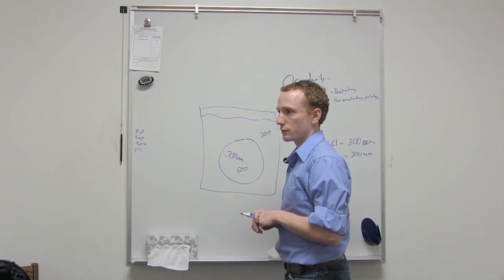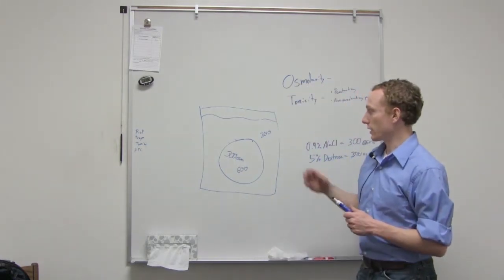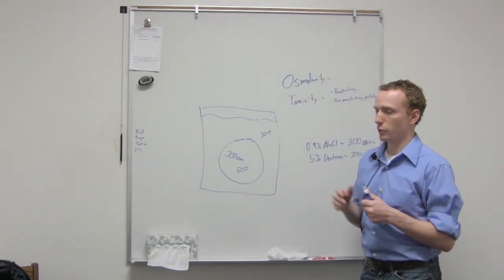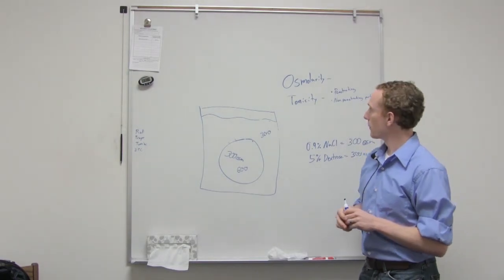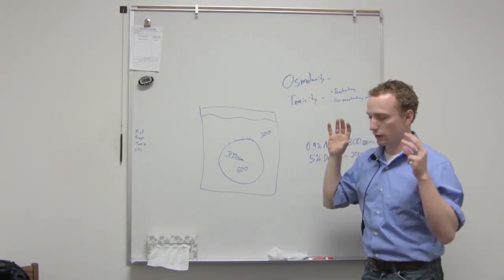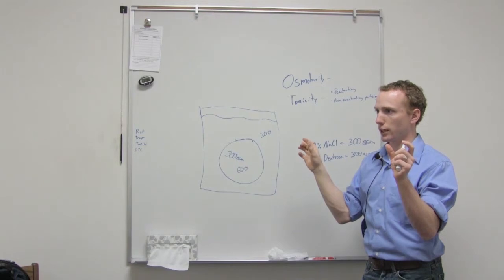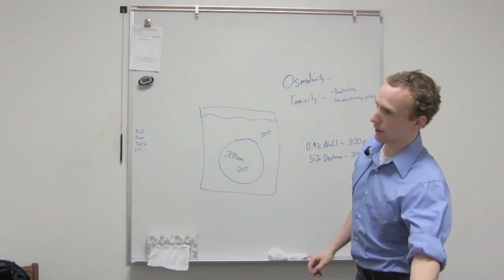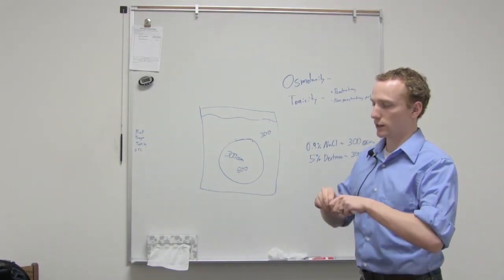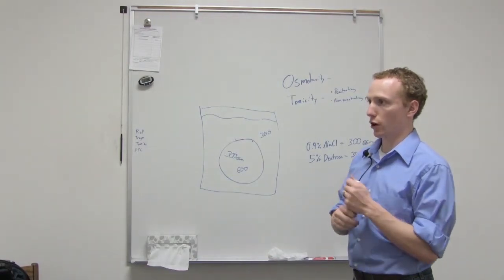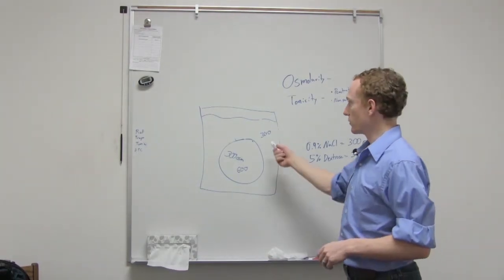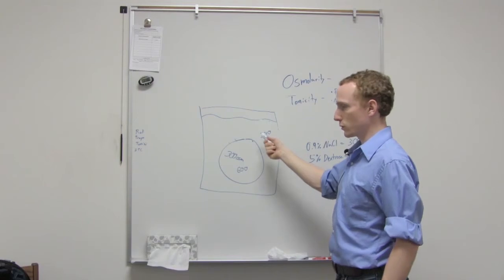There are a couple of different ways to think about it: osmolarity is what happens beforehand, and tonicity is what happens after. What was the tendency after it diffused across the membrane?